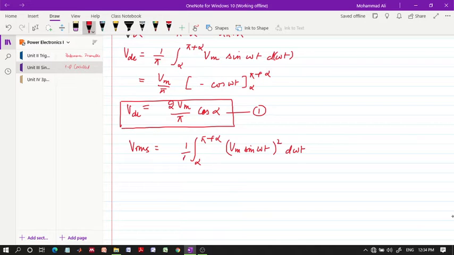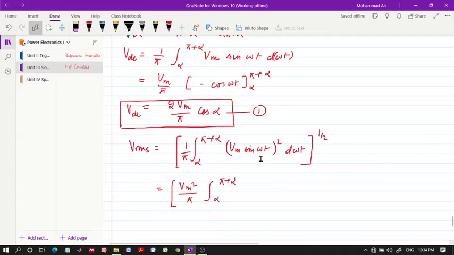And the range is of pi, and we will take the square root of this. Now Vm is constant, so this will come out. So Vm square upon pi, alpha to pi plus alpha.